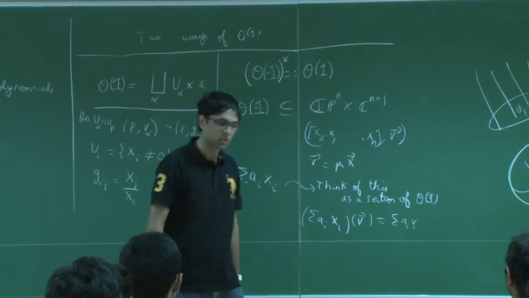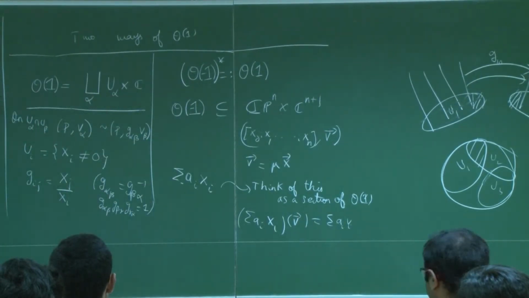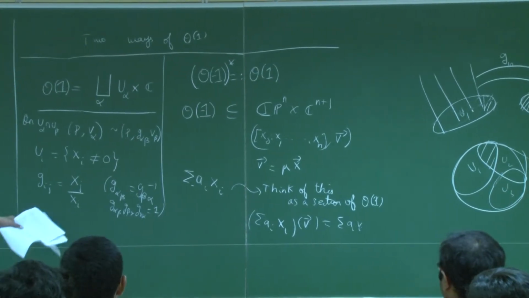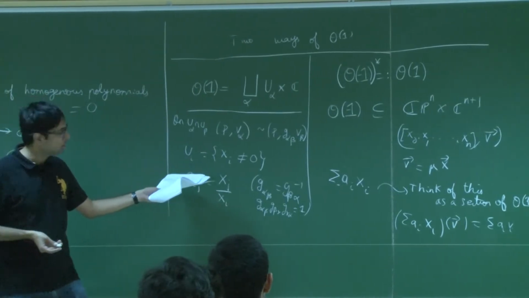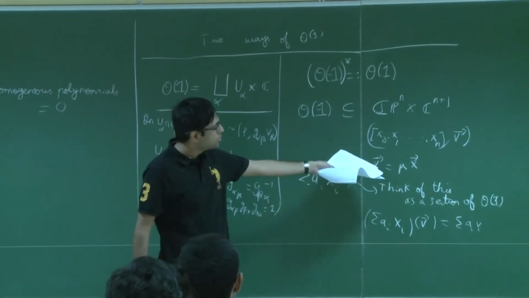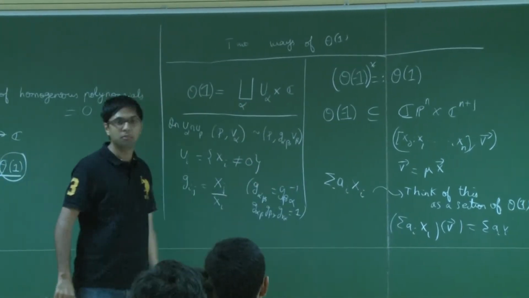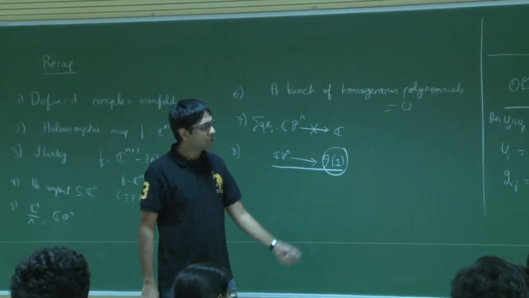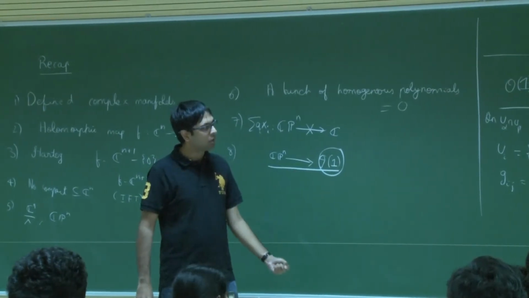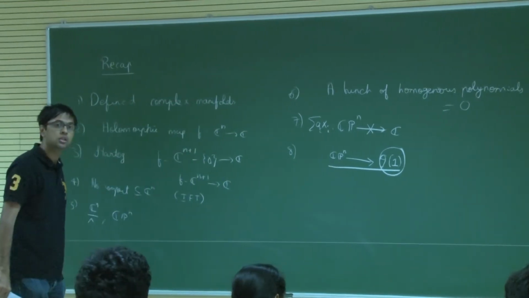Okay? This is what it does. Okay, so there are two ways of looking at O(1). Both of them are profitable. This is the one which is more natural in my opinion. This one allows you to prove that every holomorphic section indeed comes from a homogeneous polynomial. Okay? And as I said, this is the deep underlying fact that connects algebraic geometry and analytic geometry in CP^N.